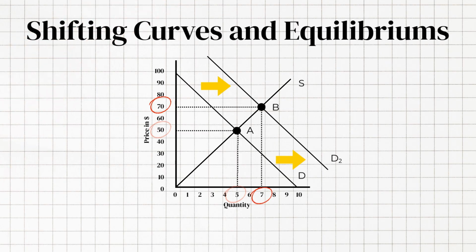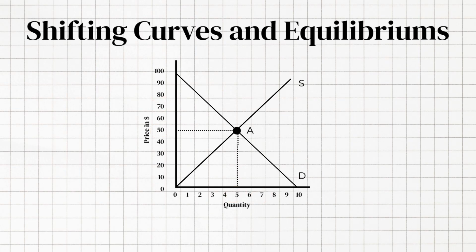That's pretty easy to see on a diagram, but let's talk about why that happens in the real world. On this diagram, as the demand curve shifts rightward to D2, you can see from the original price, P1, that now the quantity demanded at P1 has increased from Q1 to Q2. In other words, there's now an increase in demand at that price.